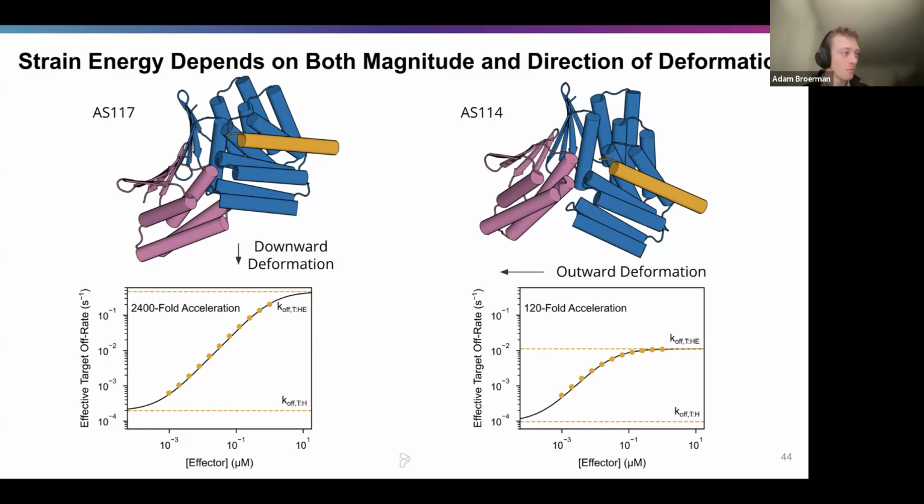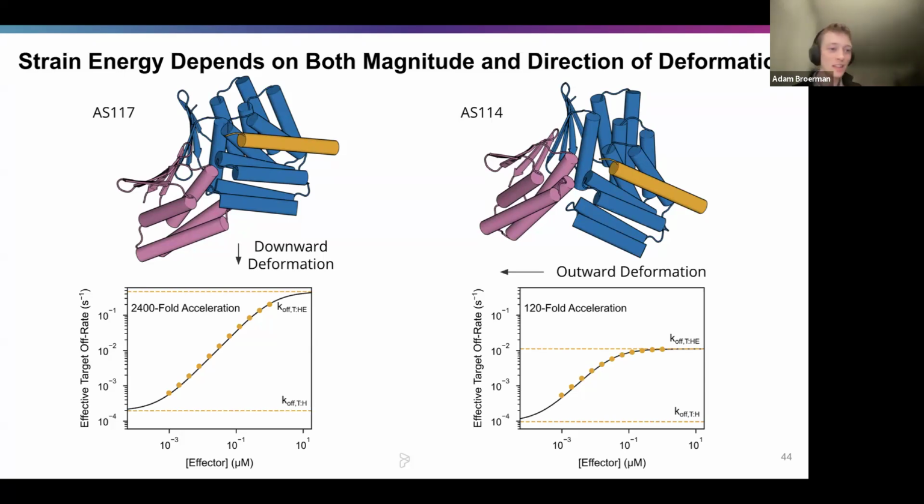What ProteinMPNN is particularly looking to do is, for a given structure, maximize the probability of a sequence.